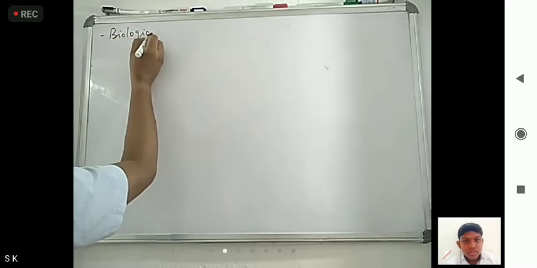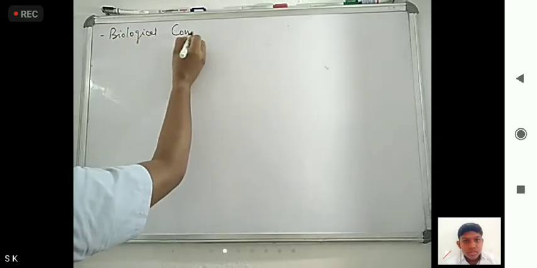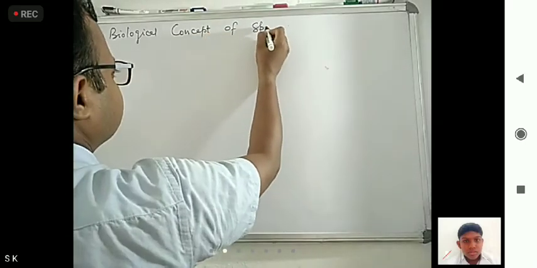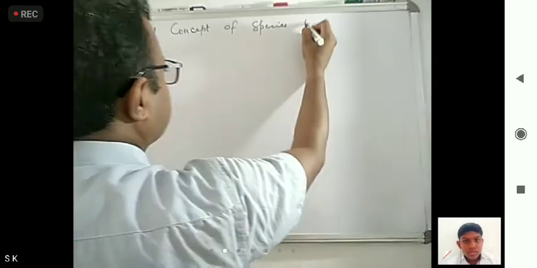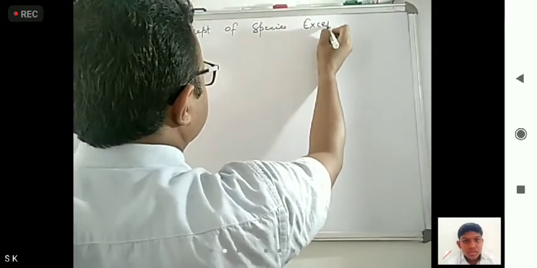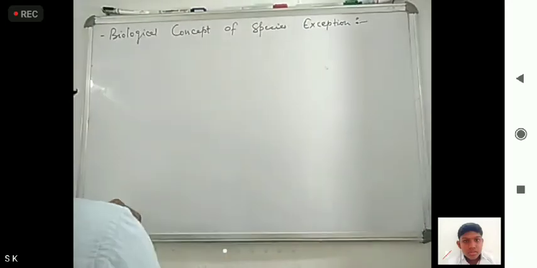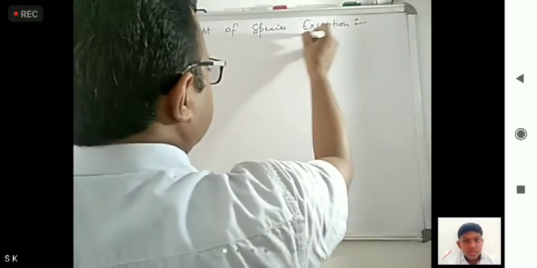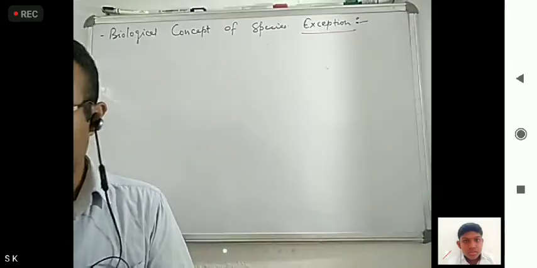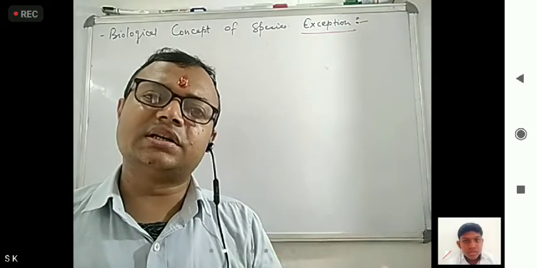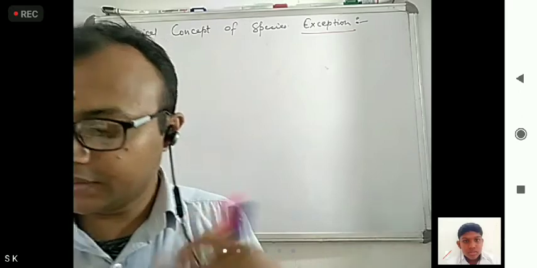Biological concept of a species: exceptions. This exception you have to remember. Now, the first exception is a sterile hybrid. What is that?